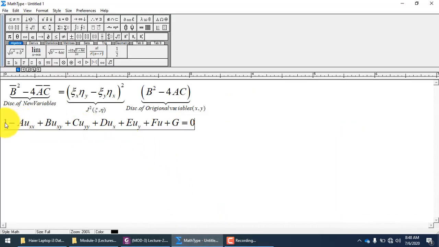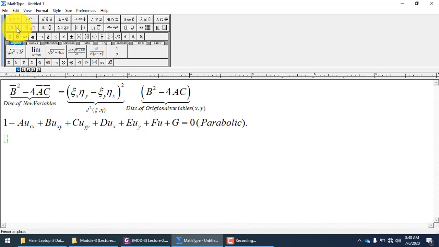What I am trying to say is that suppose that this is one example of an equation which is parabolic. If this is parabolic, what does that imply?